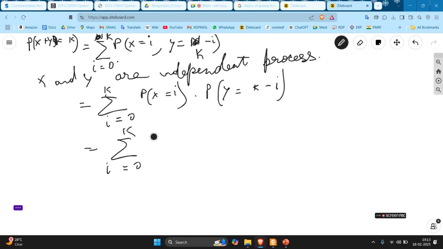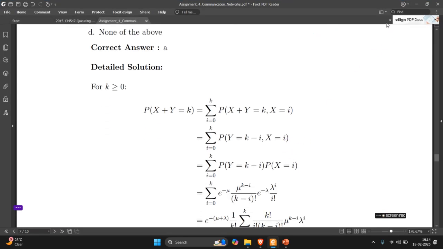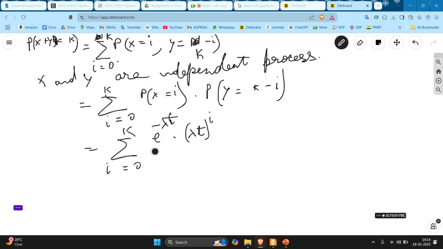Since x is distributed with lambda, we get e to the power minus lambda t, lambda t to the power i, by i factorial.